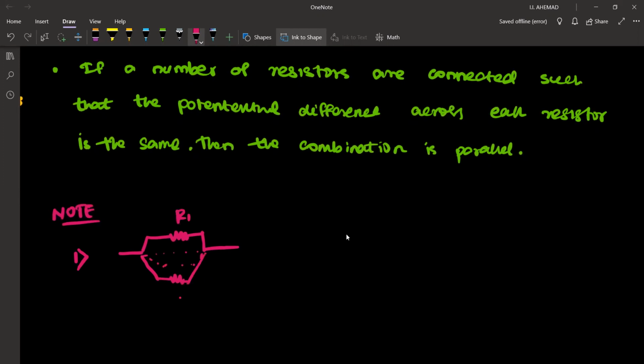So when we have n number of resistors, R1 to Rn, connected in parallel, one over R equivalent is equal to 1 over R1 plus 1 over R2 plus so on until 1 over Rn.